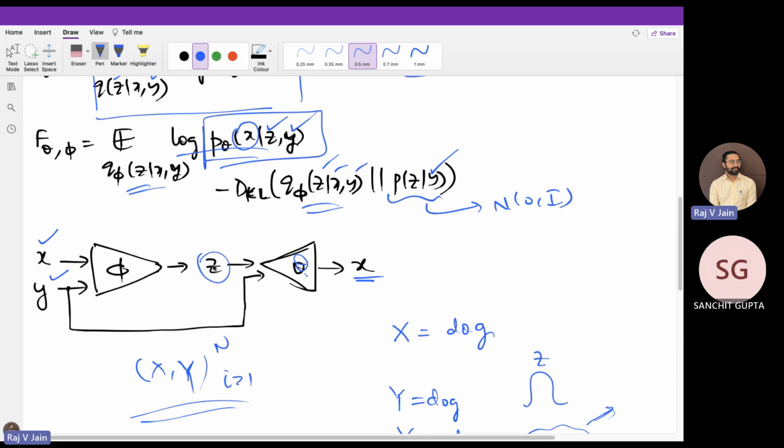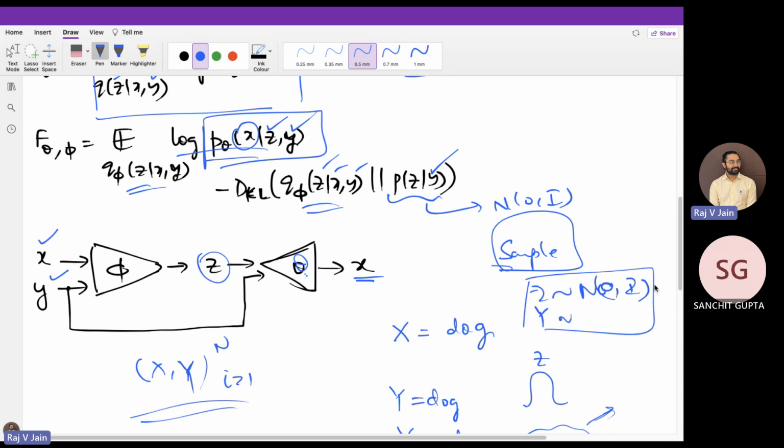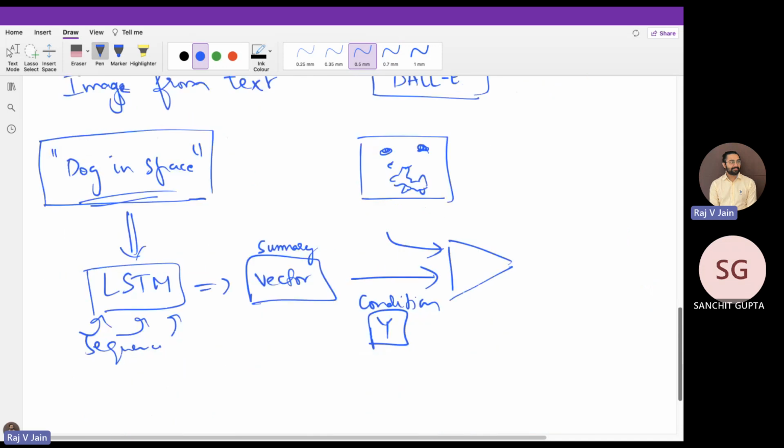Z you will still sample from N(0, I), regardless of whatever y. Whatever information you want to generate on x is dependent on y, so y has to give the information that you want your x to hold.